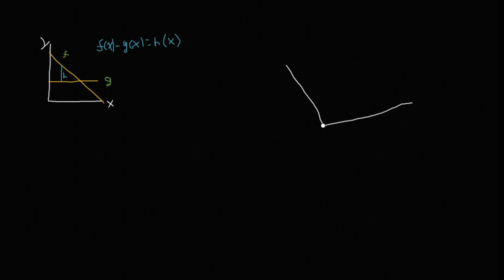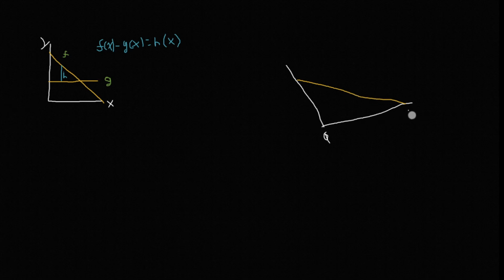And so we have our point, let's call this A, where they intersect, and point B over here, where this function intersects. Actually, I'm going to undo that.